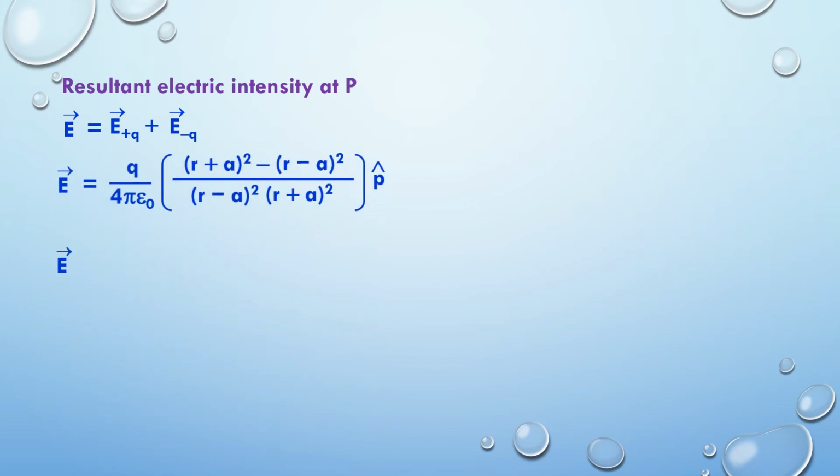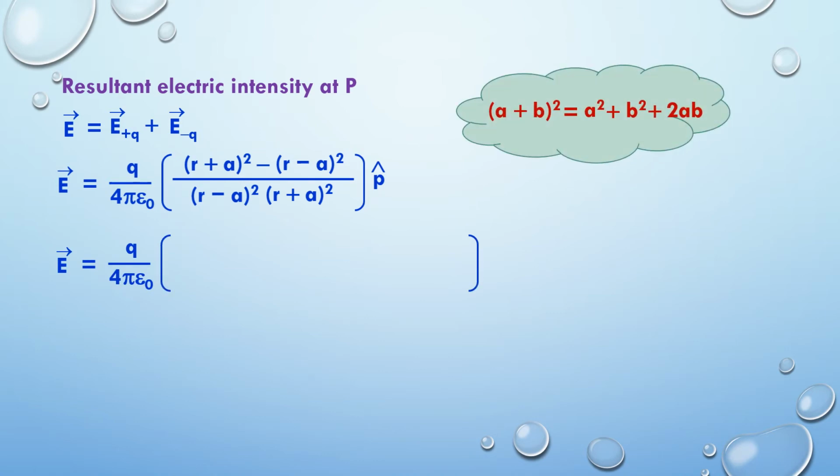Continuing further, I'm going to simplify this bracket now. To solve (r plus a) the whole squared, I'm making use of (a plus b) the whole squared, which is a squared plus b squared plus 2ab. I'm going to break up this bracket using the same formula.